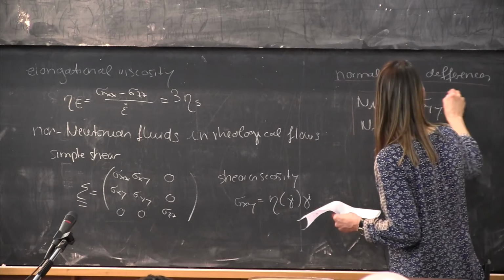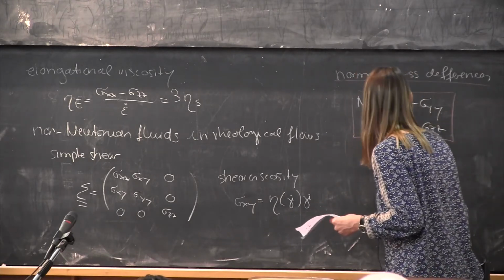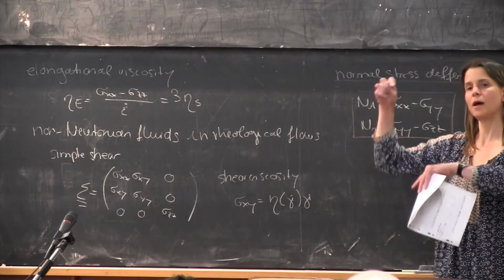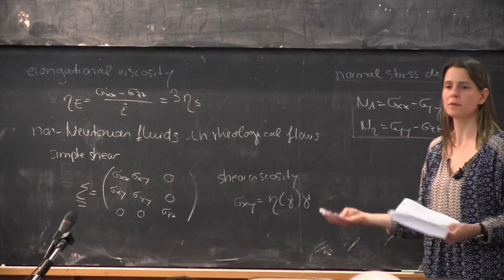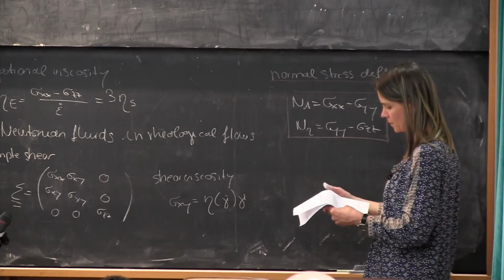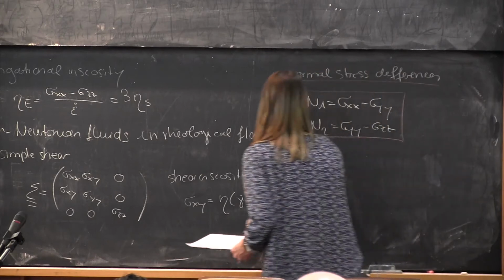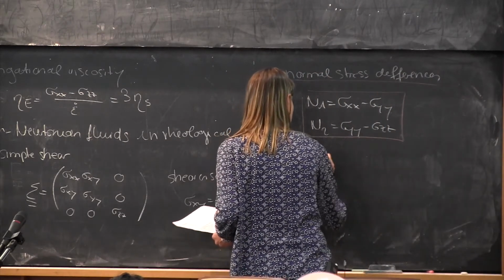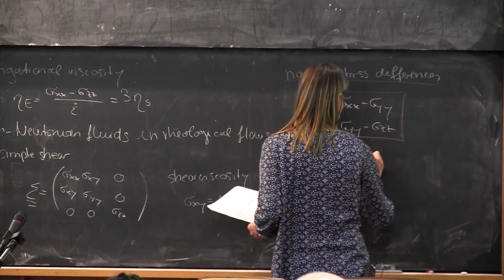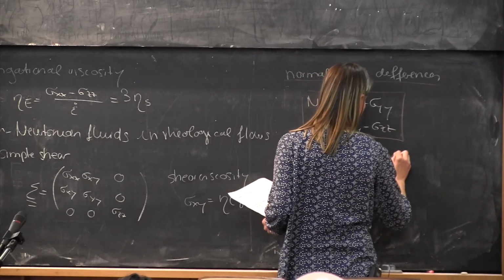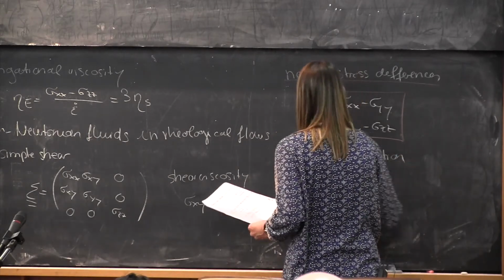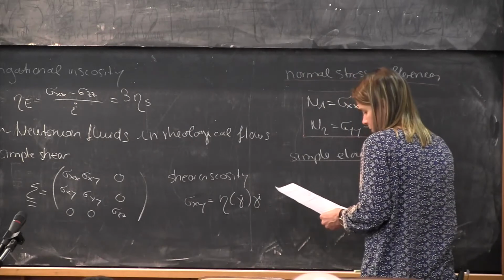Okay. You only measure differences because isotropic pressure, for example, doesn't contribute to the movement. And in simple elongation, formally things don't change a lot.